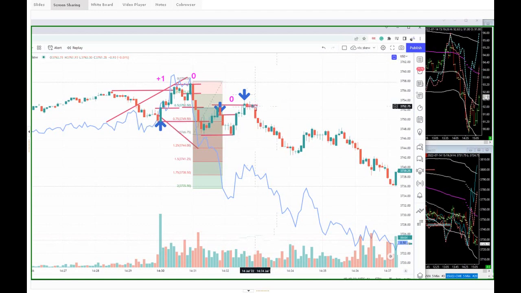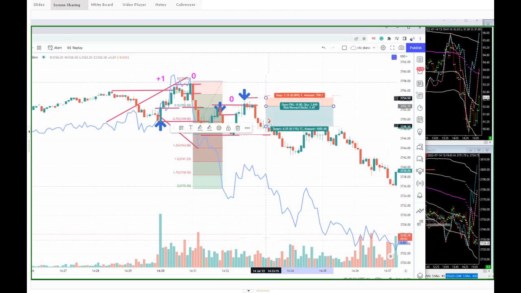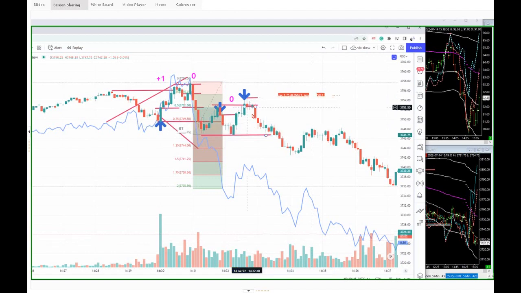So 4 ticks is a tight stop, right? 4 or 5 ticks is a tight stop on that. But obviously, your risk reward is now getting huge. In terms of a percentage return, your risk reward on that is now enormous. 3.4 times your money on that trade, sell side.